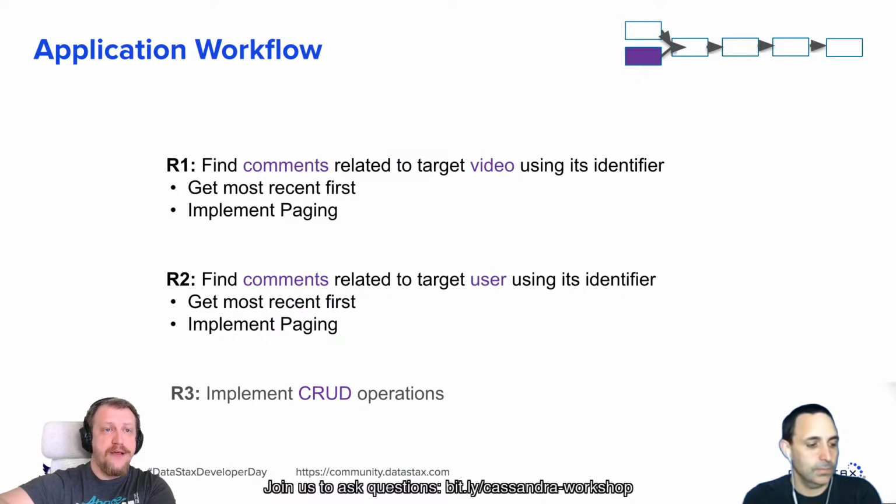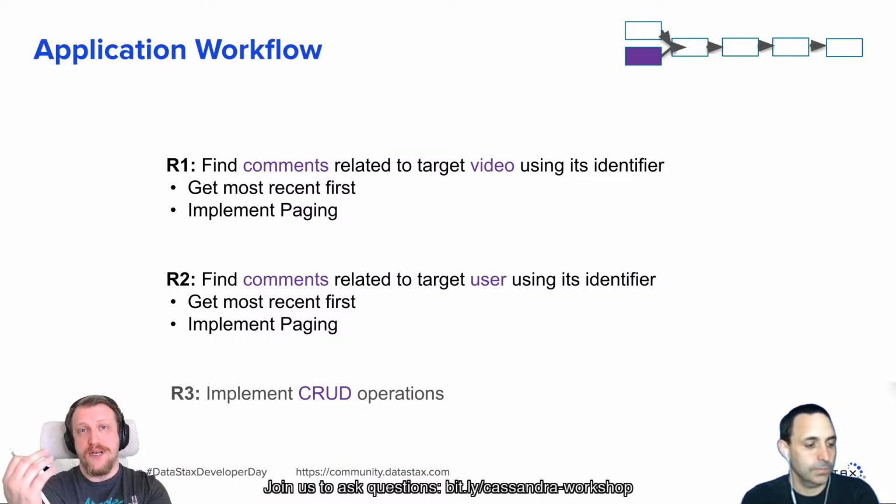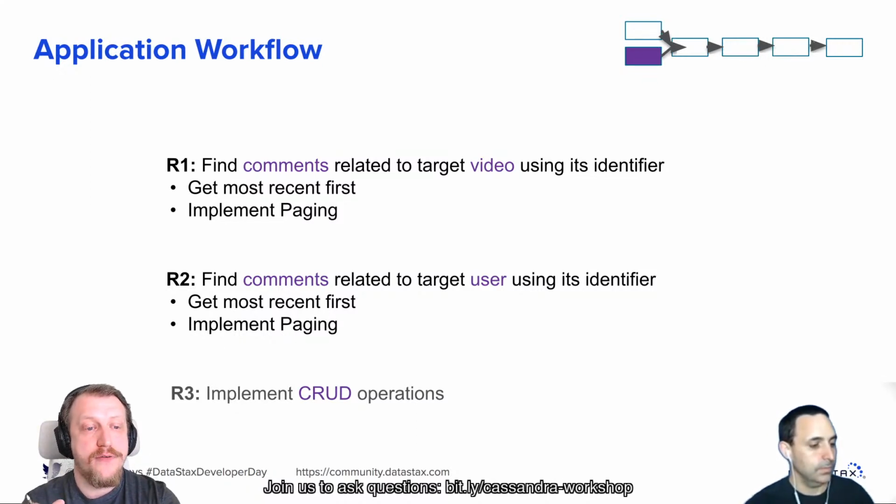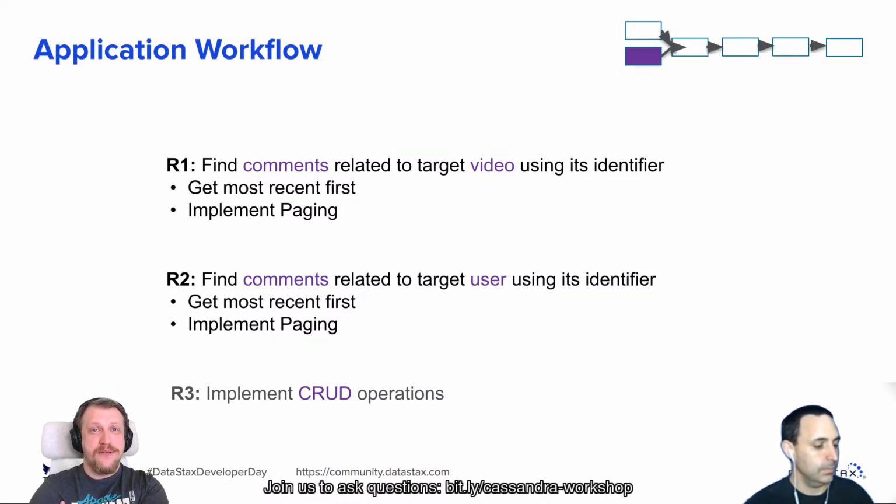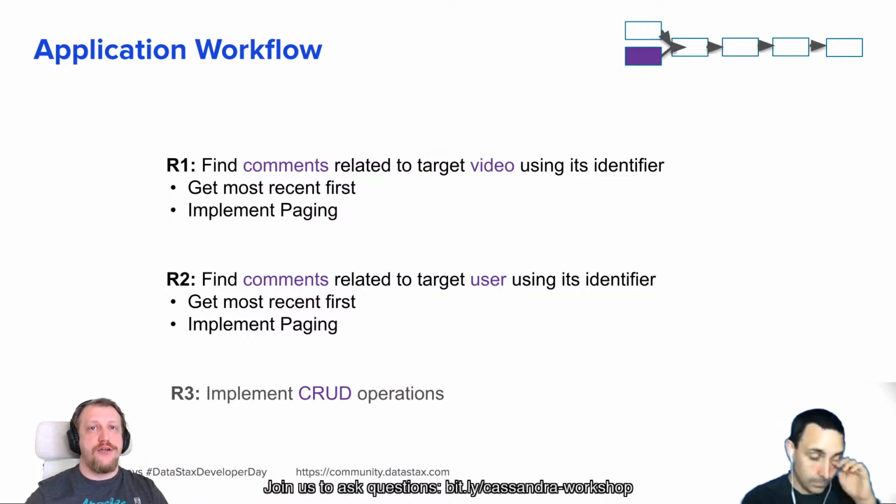To explain, workflow one is very simple. You open a video at YouTube, you see the comments. Workflow two is a little bit different. It's used when you as a user open your own profile page and you see your comments. You see which comments got answers, for example, or which comments got a good rating, bad rating, or anything.